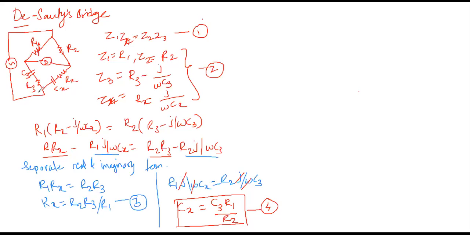So in this case, an unknown capacitor is compared with a standard capacitor, and the value of the unknown capacitor is calculated. So this bridge is called the capacitance comparison bridge, as well as de Sauty's bridge. This is the explanation for de Sauty's bridge.